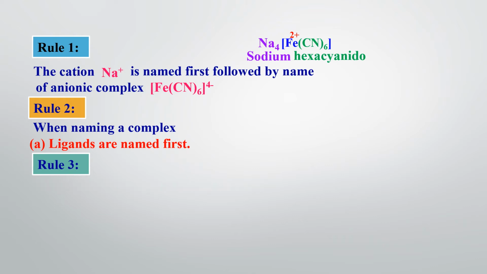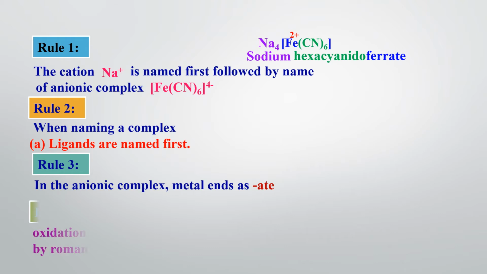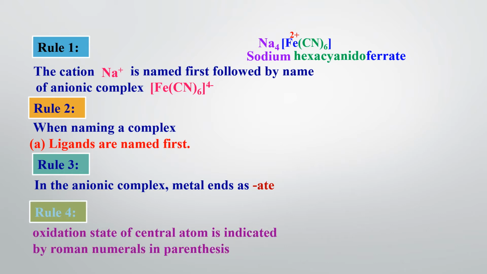Now in the bracket you have to mention the oxidation state in Roman numerals. The oxidation state we have already calculated, that is plus 2. So you have to indicate that in Roman numerals. So this is the naming of an anionic complex.